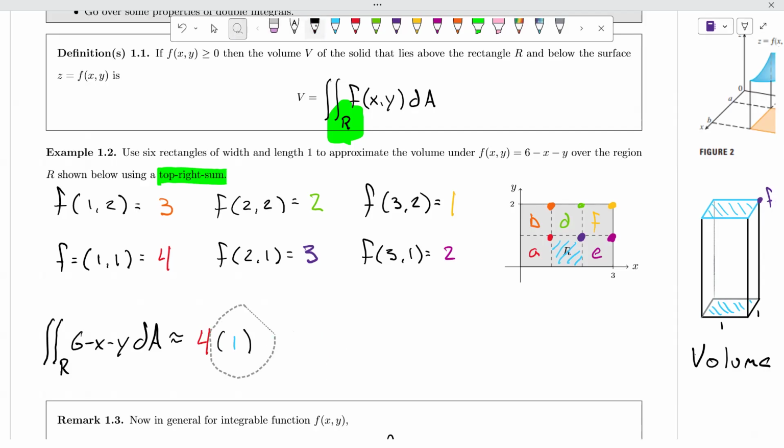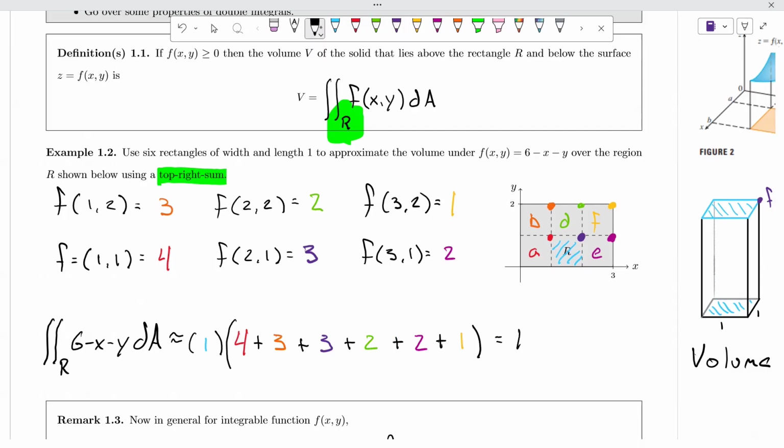So I'm going to just do that real quick. Let's pull you out here, and then just add up all the heights. So plus 3, plus 3, plus 2, plus 2, and finally, plus 1. All of those heights added up, multiplied by the same base area of 1, is 15, I think.